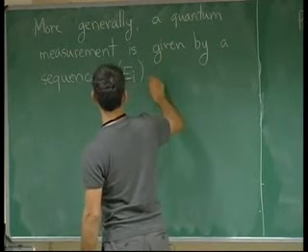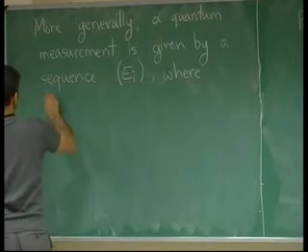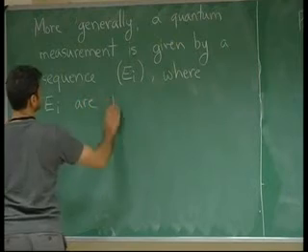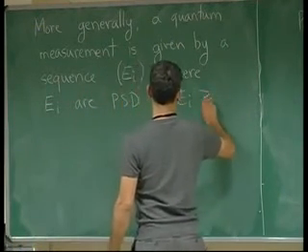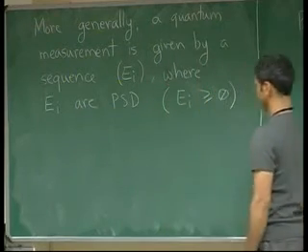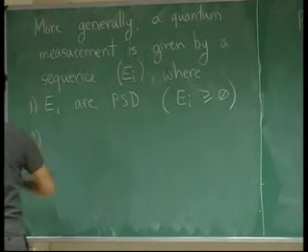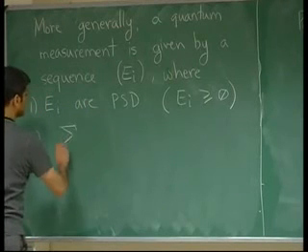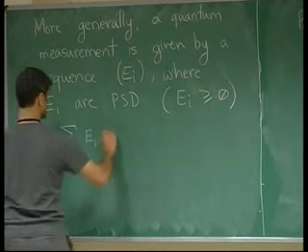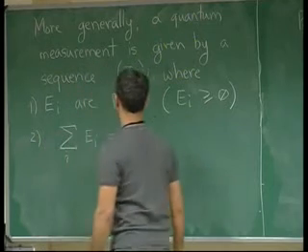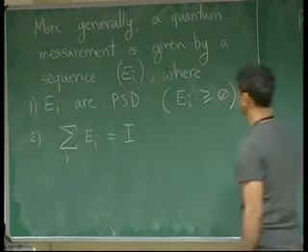So a sequence E_i where the E_i are positive semi-definite, meaning, in my notation earlier, E_i ≥ 0. That's the first condition. The second condition is that they sum up to the identity. So the summation over i of E_i is the identity on H, if the state that you're measuring is on space H.